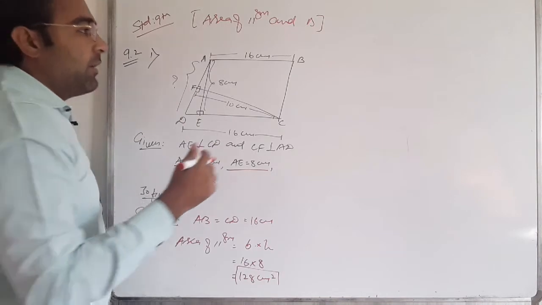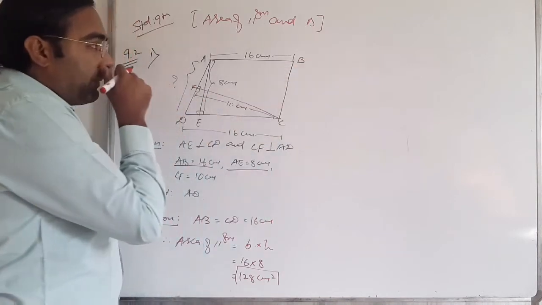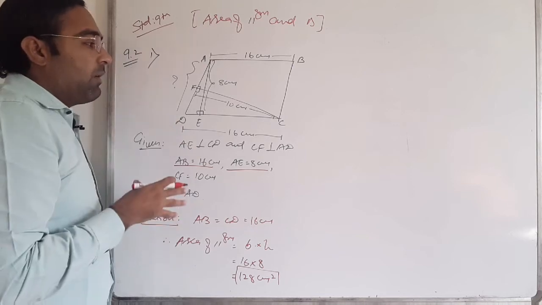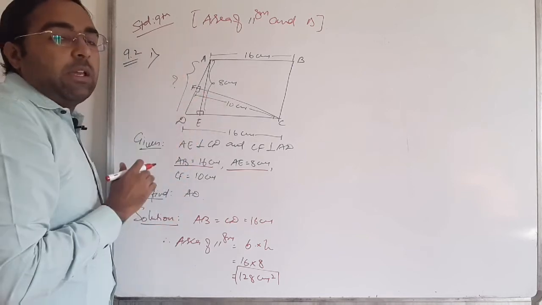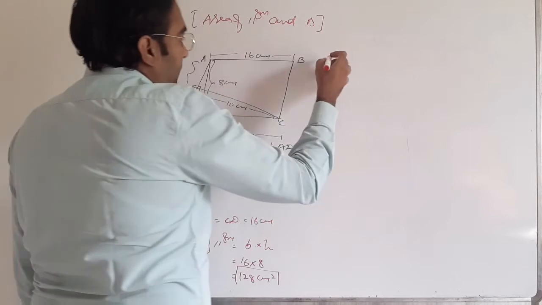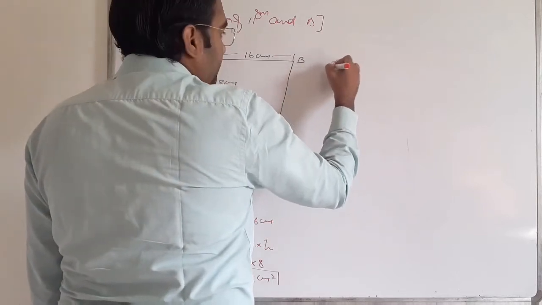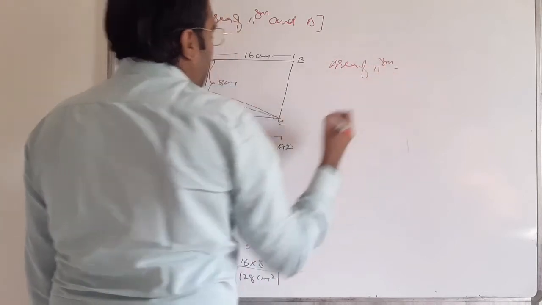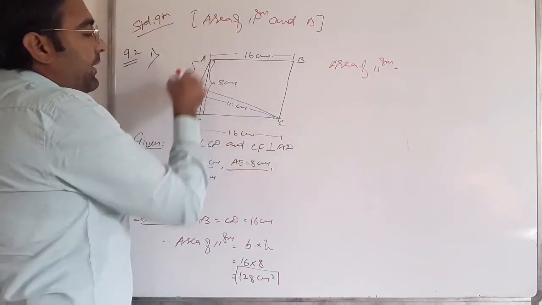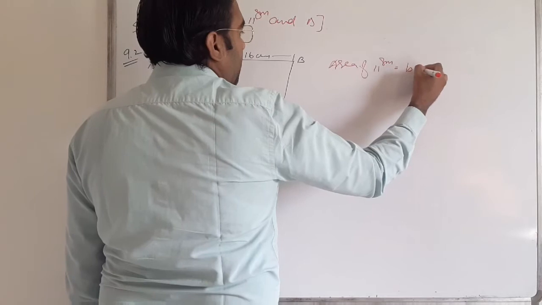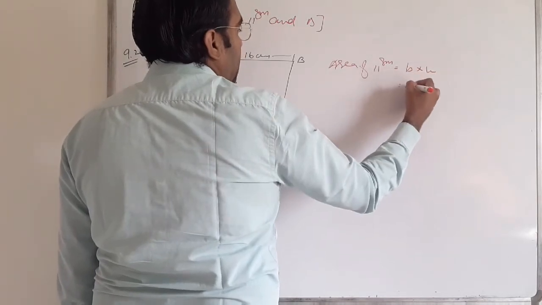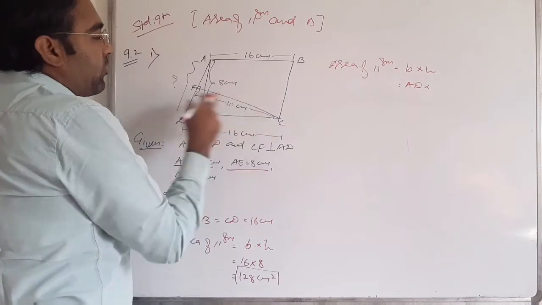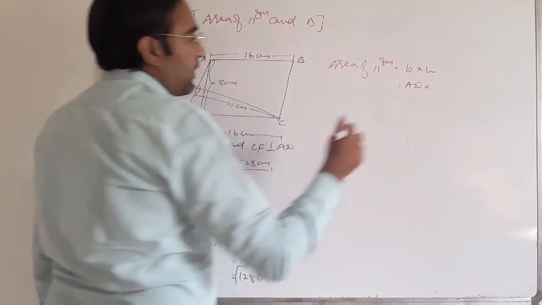Now we have to take the same area, because the parallelogram is the same, but the height and base are changed. So area of parallelogram, now I'll take as base AD, base into height, base as AD and height of the parallelogram that is CF.